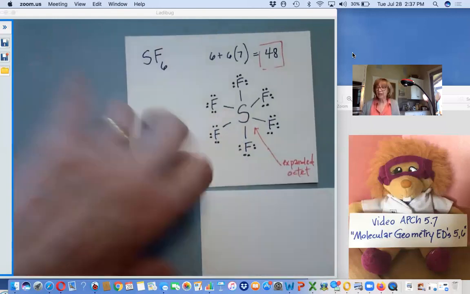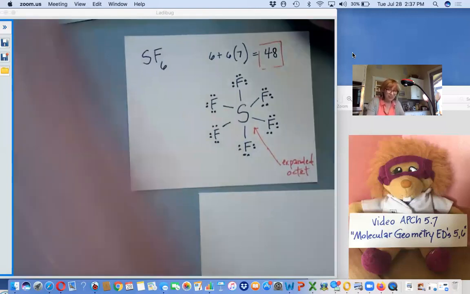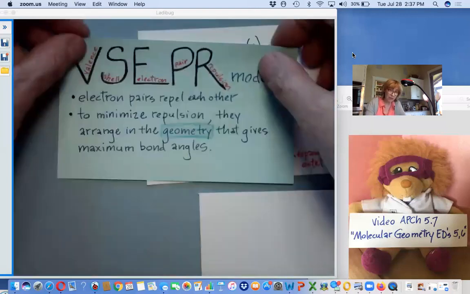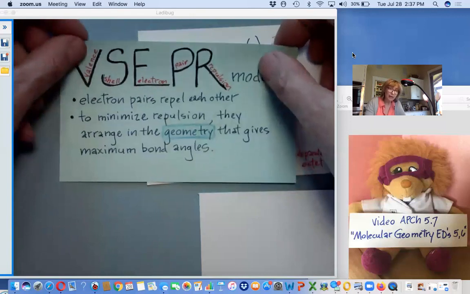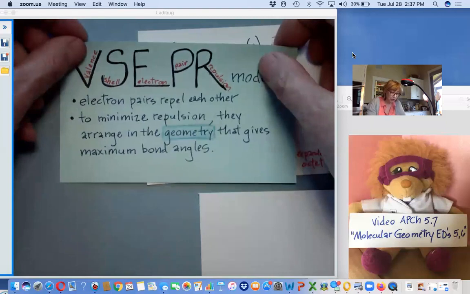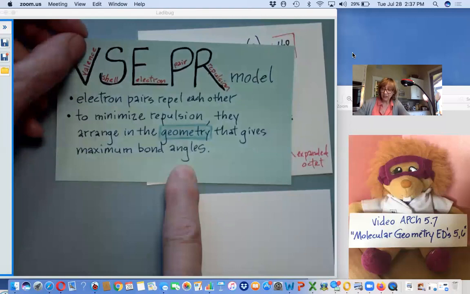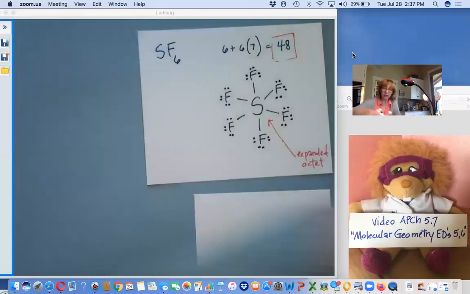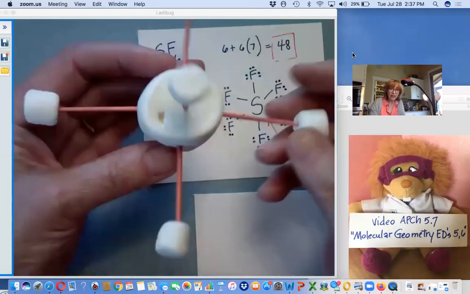Expanded octet. Now, if you are following VSEPR theory and you have 6 electron domains around the central atom, we have to figure out the best way to minimize repulsion by creating maximum bond angles. And when you have 6 electron domains, the best separation you can get looks like this.